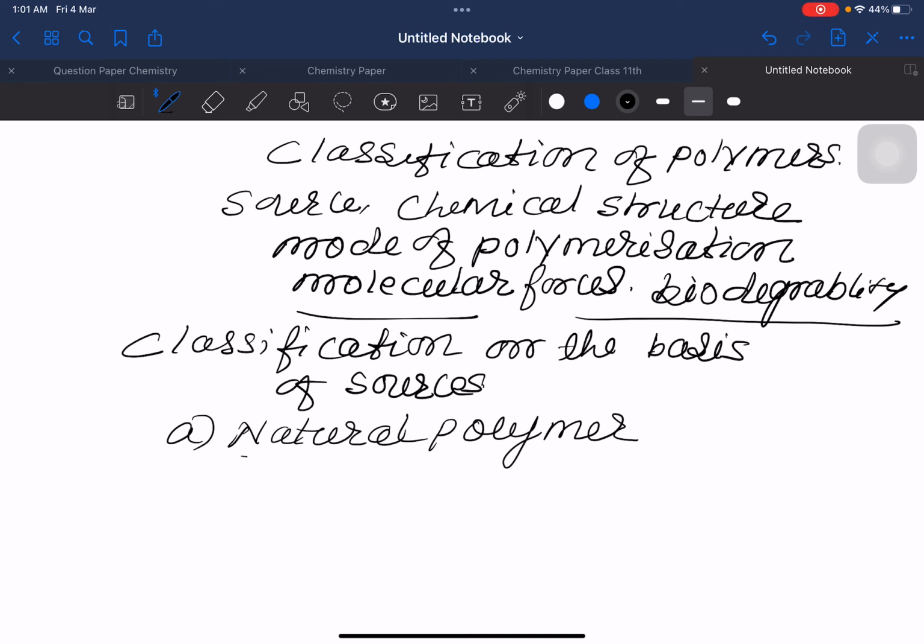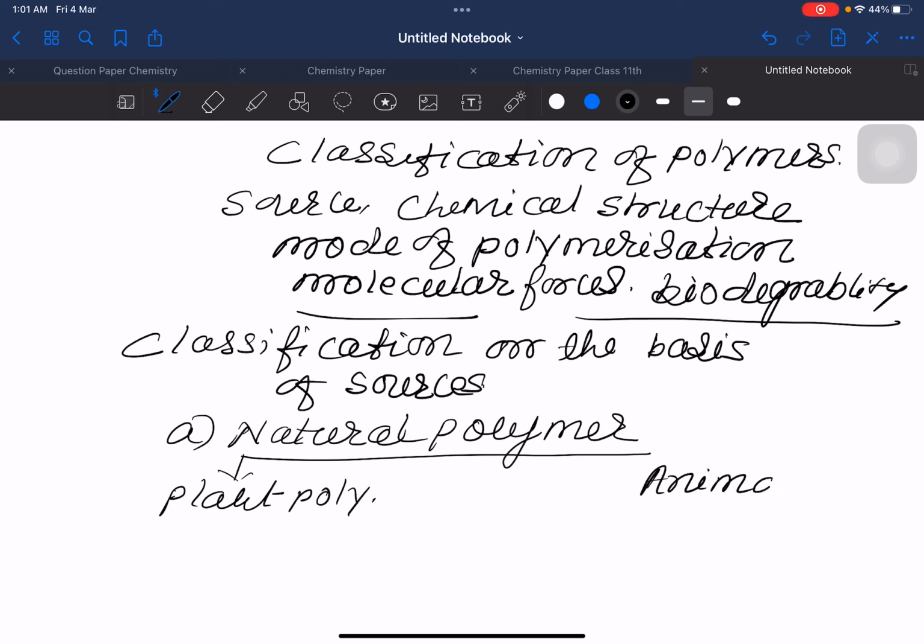They are subdivided into two types: plant polymers and animal polymers. The second part is synthetic polymers.